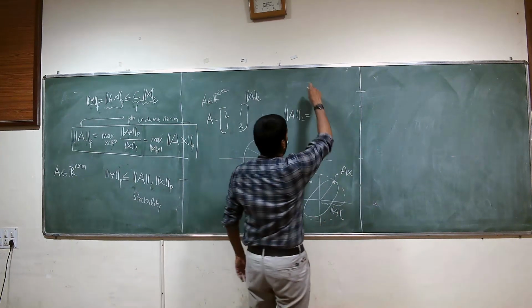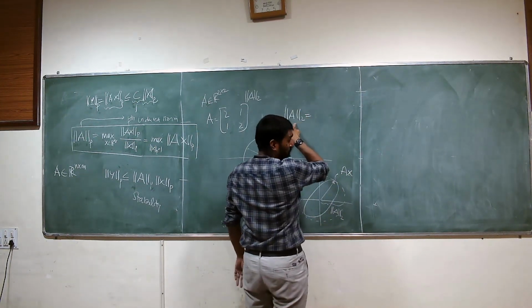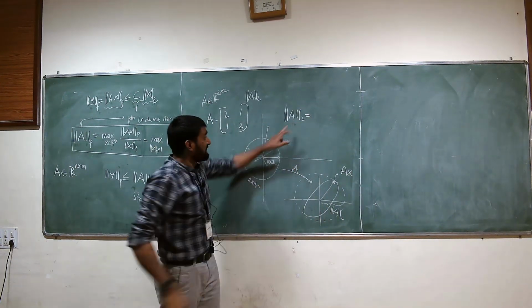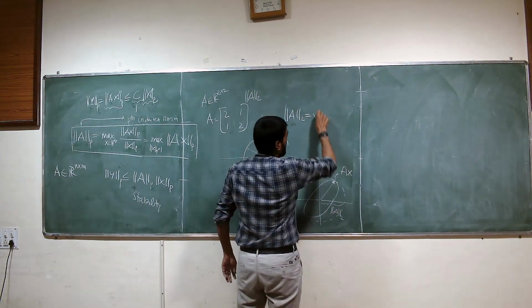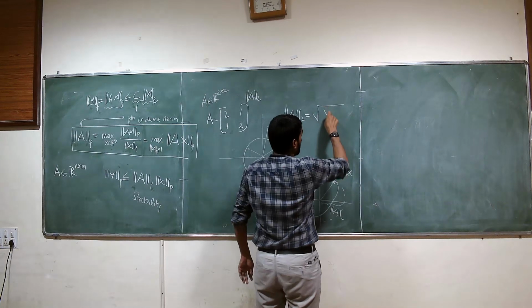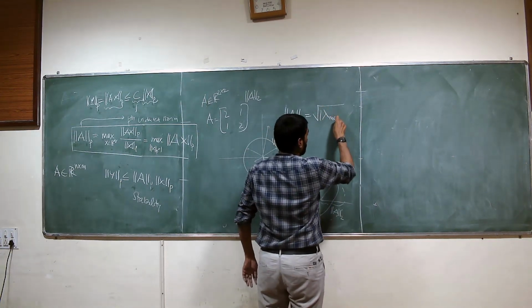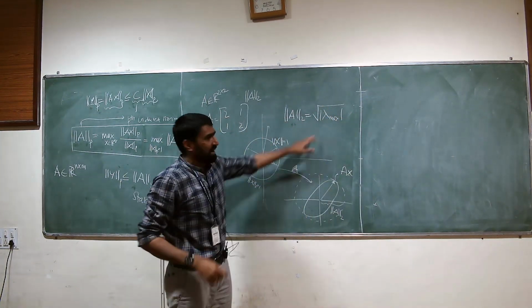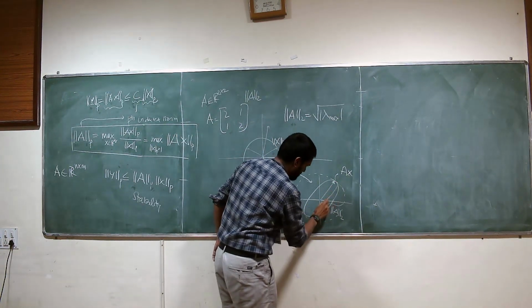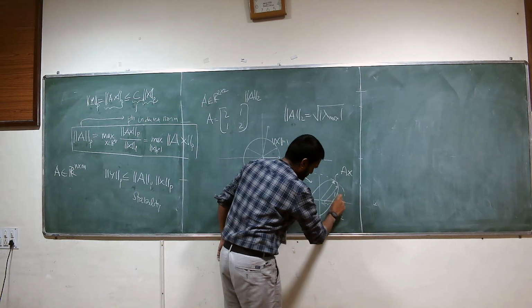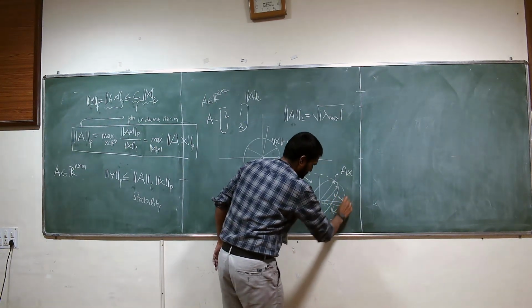The second induced norm for any matrix is simply the square root of the absolute value of lambda max. So the length here will be the square root of the absolute value of lambda max.